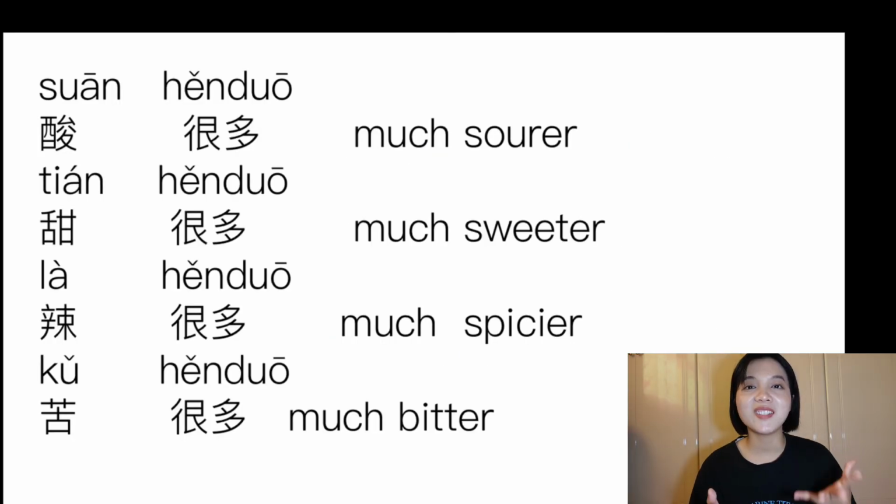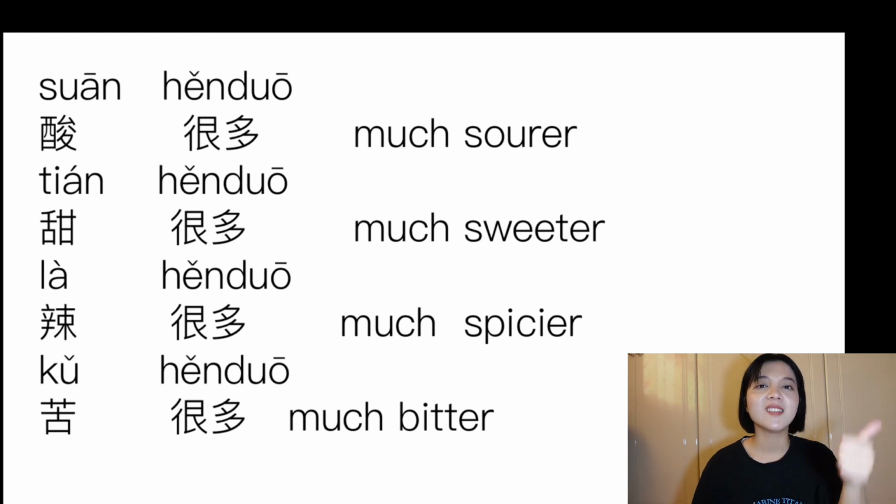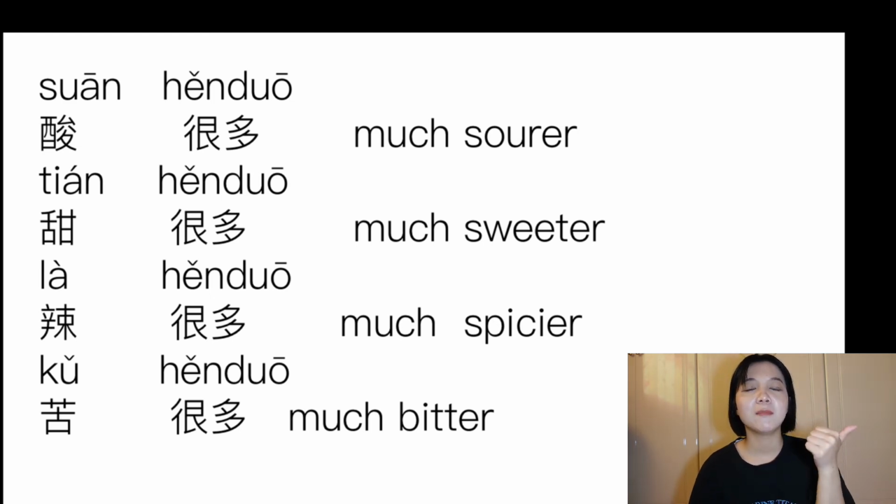And now let's do a little bit of review about what we learned in our videos before, how to describe the flavor. 酸 sour, 酸很多 much more sour. And sweet 甜, much sweeter 甜很多. And spicy 辣, much spicier 辣很多.